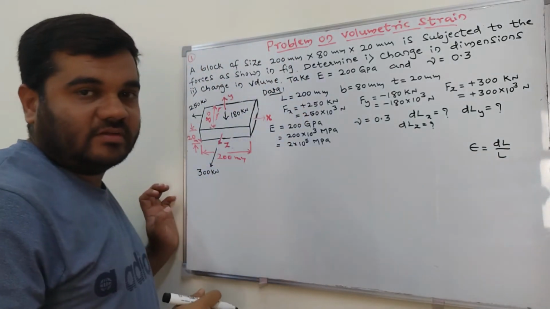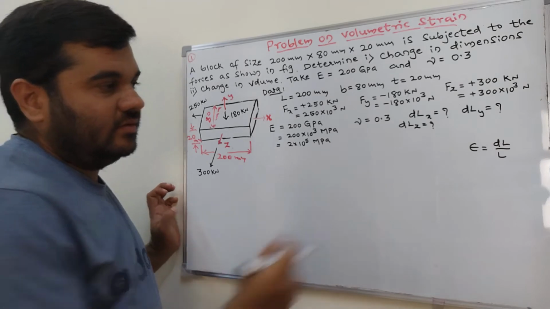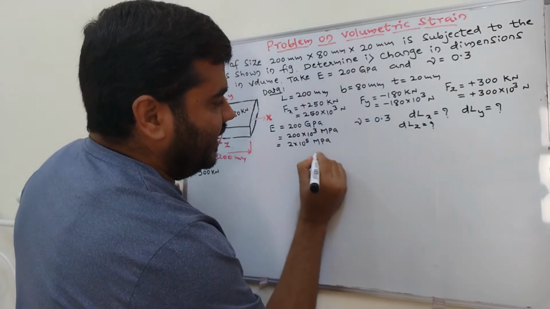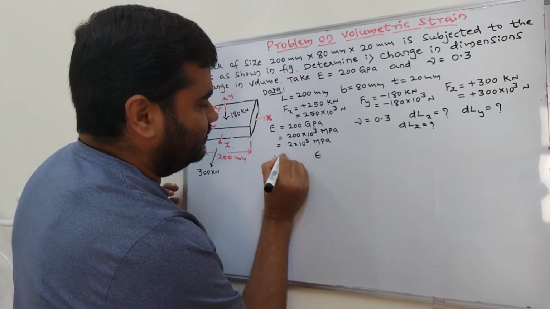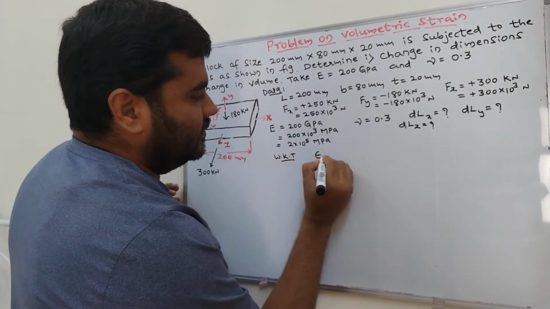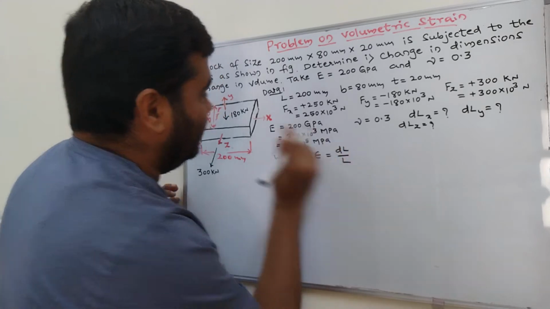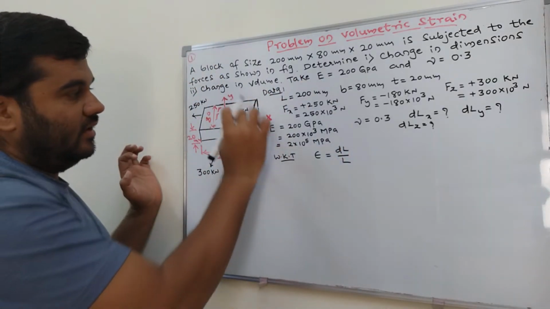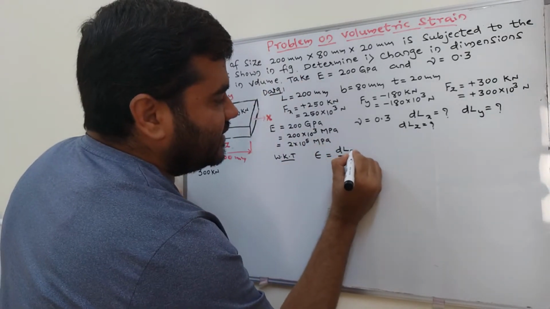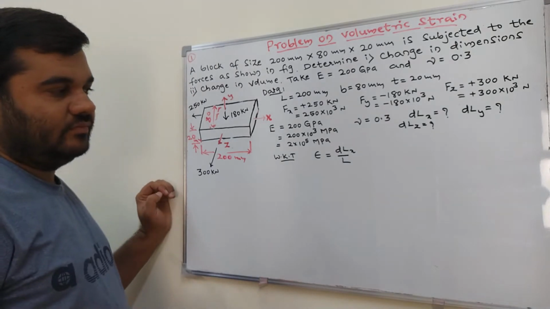This is the normal formula. Okay, so that is strain, we know that strain equal to change in length divided by original length. If you consider along the length, it is change in length in x direction. Okay, so length.